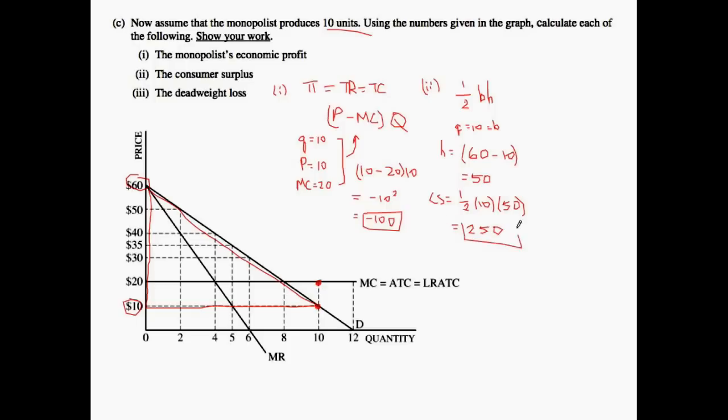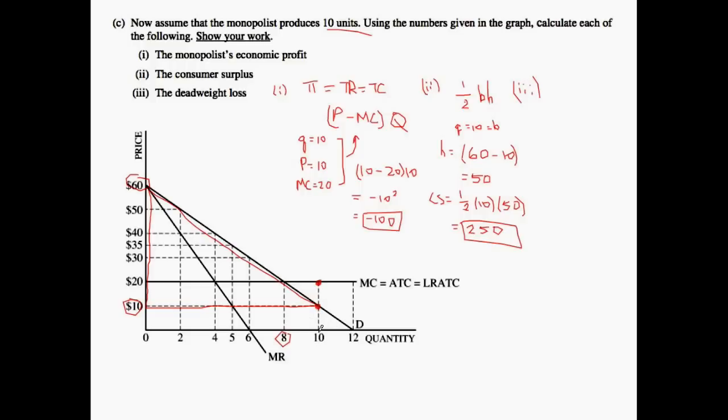And then part C, or part 3, is asking what is the deadweight loss incurred from this situation. And as you know, the deadweight loss is the loss of efficiency from an equilibrium when it's not allocatively efficient. So remember, allocatively efficient would have been back at Q equals 8, where price equals marginal cost.